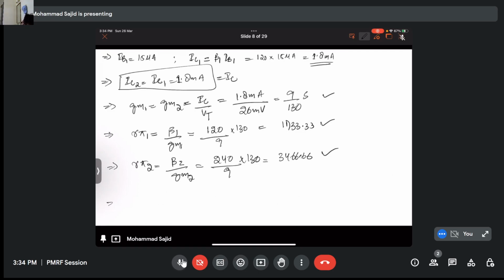Now we are left with RO1, which is equivalent to RO2 because the earlier voltages are the same. So this will be VA by IC. VA is 120, IC is 1.8 milli. So it will be 120 divided by 1.8. That comes out to be 66.66 kilo ohm.